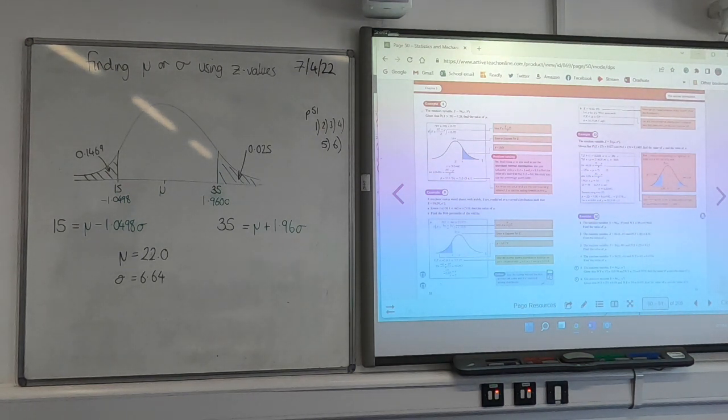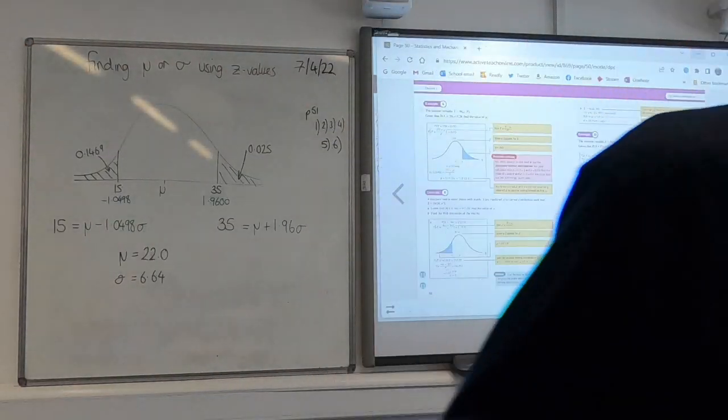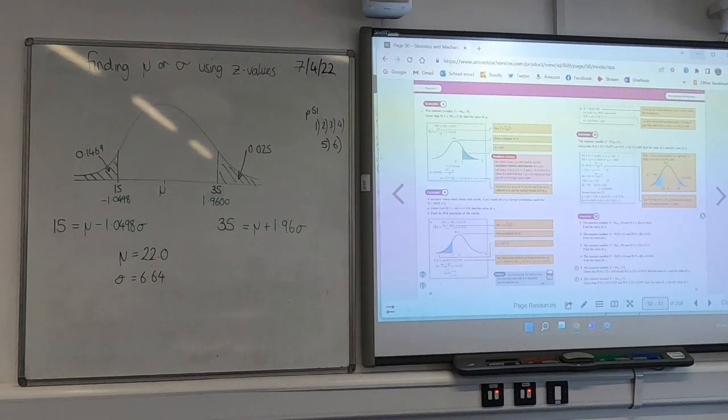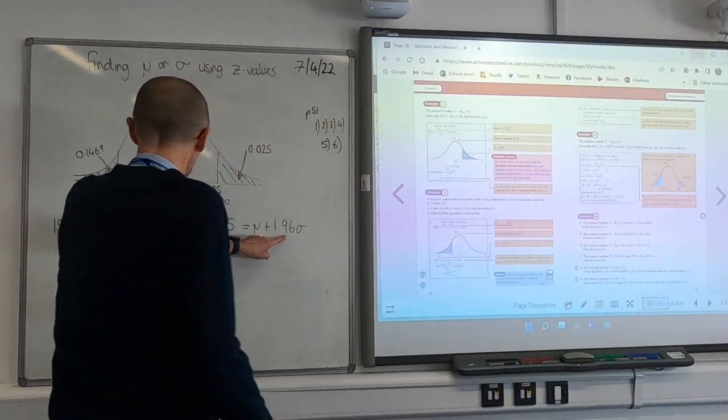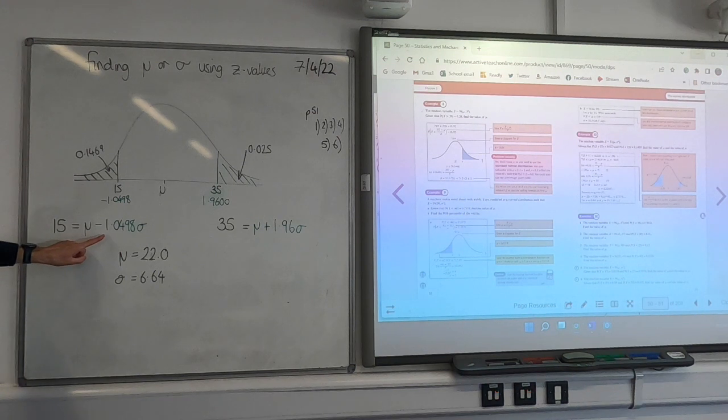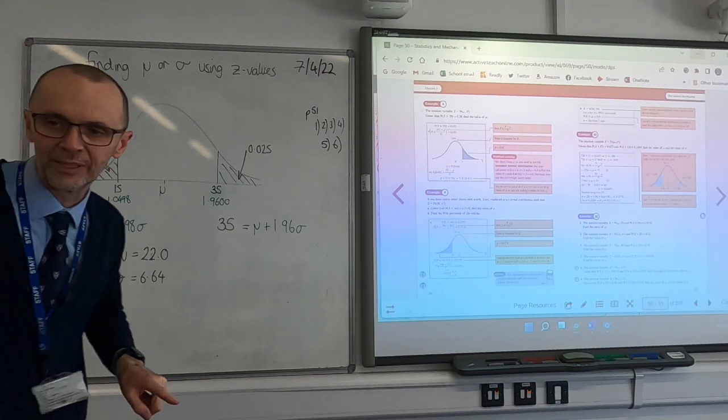And we are halfway through the lesson, which is good, because that's halfway through the things I wanted to teach you. Are you okay? Are you using simultaneous equations? So that needs to be minus 1. Are you doing this one or this one? Your y value needs to be minus 1.0498.